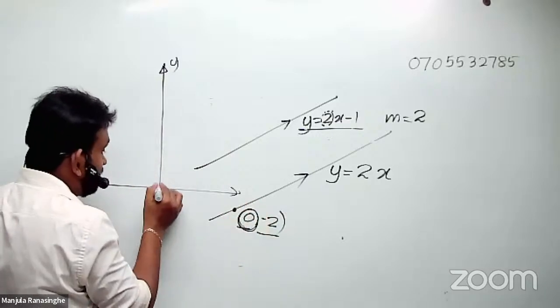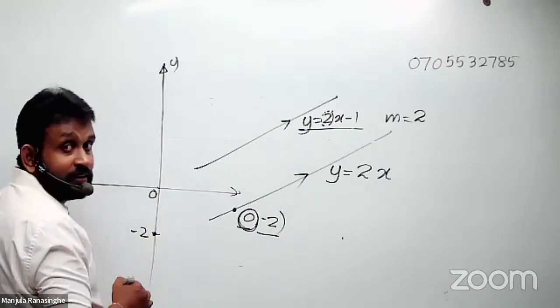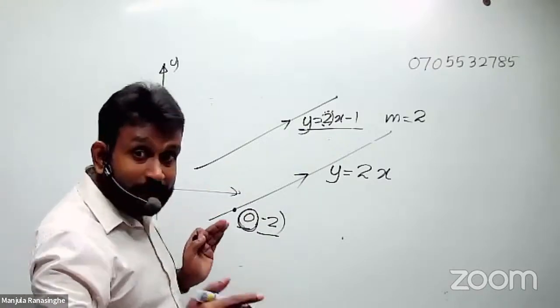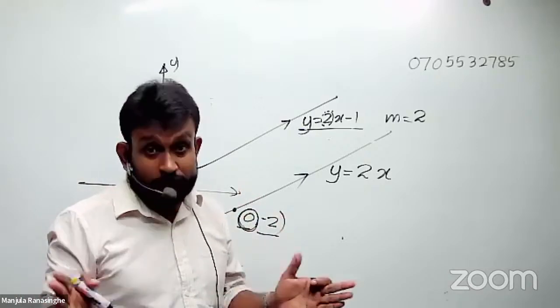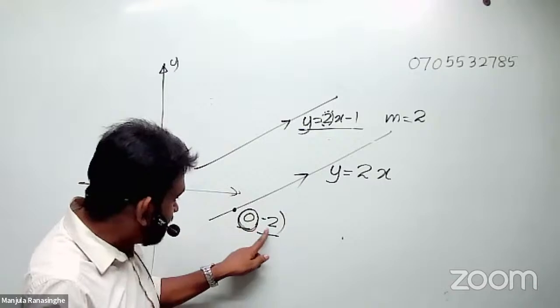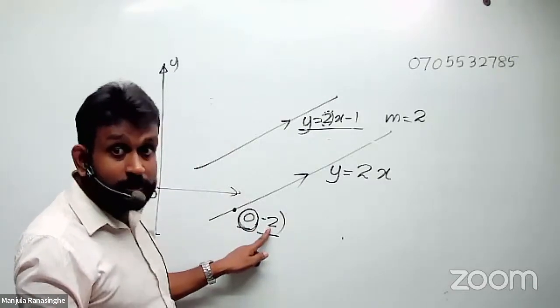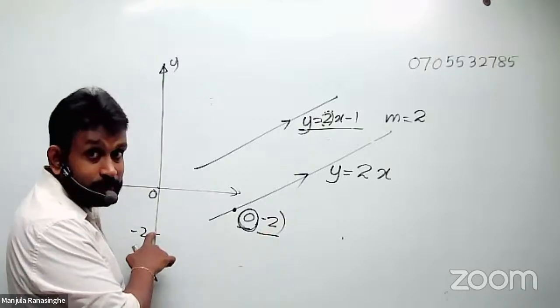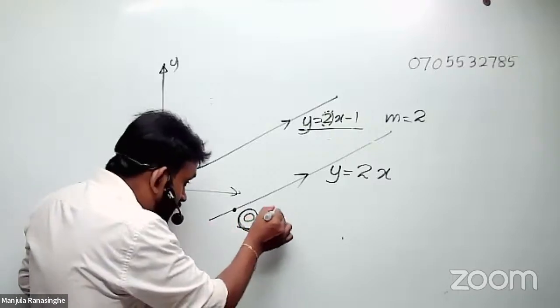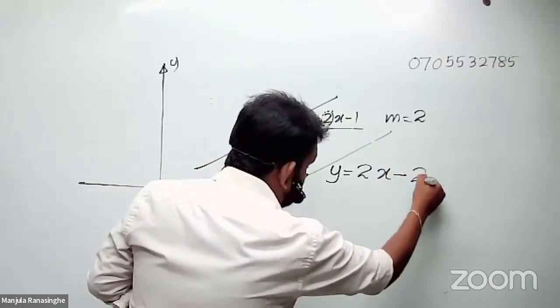So 0 comma minus 2 is this point. Any point of the form 0 comma something is a point on the y-axis. So now you can see that is the intercept, because as per the definition, the point where the line intersects the y-axis is the intercept. So the intercept is minus 2. Understand? So 2x minus 2.